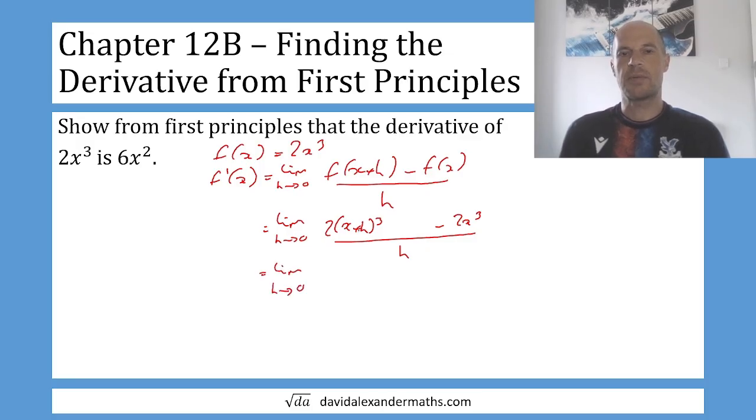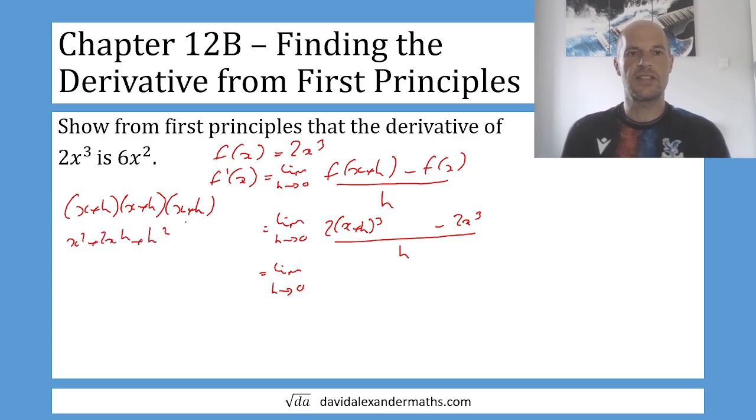So expand out the x plus h cubed, and let's just do that over here. So x plus h, x plus h, x plus h. So that's x squared plus 2xh plus h squared, multiply through by x, cubed plus 2x squared h plus h squared x, now multiply through by h, so that's going to be plus x squared h plus 2xh squared plus h cubed. So that should give me 1x cubed.